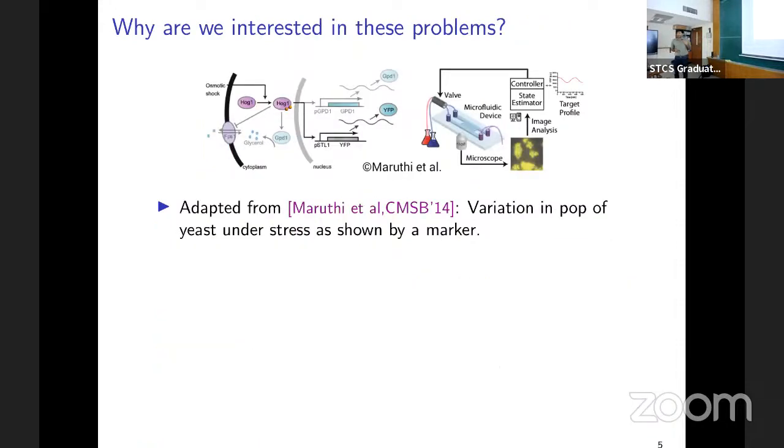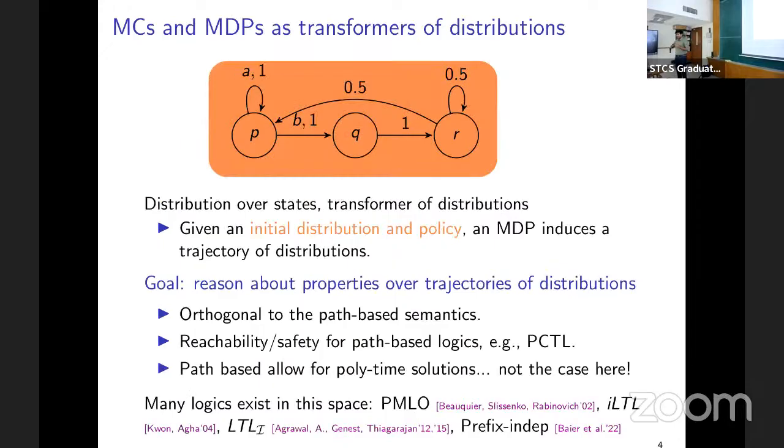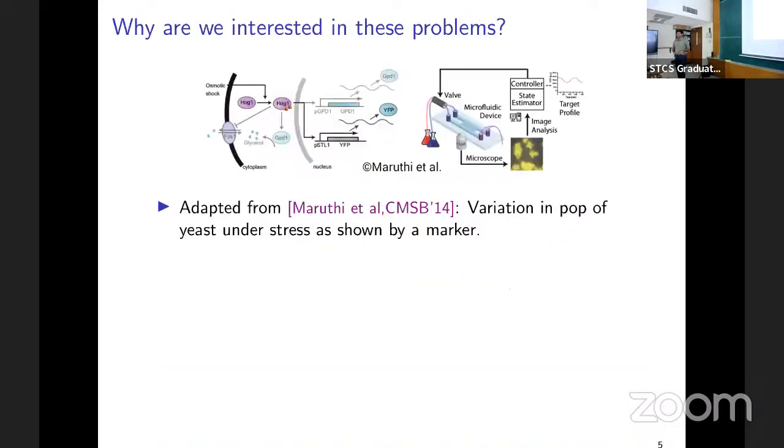Okay. So why are we interested in this kind of distributional properties, this trajectory of distributional properties? There are two kinds of motivation I'm going to give. These are my only motivation slides, two slides you have to bear with me, and then we'll go back to theory. Let's say the variation of a population of some biological molecules over some time, and maybe there are some external things like markers, and under stress, what happens?